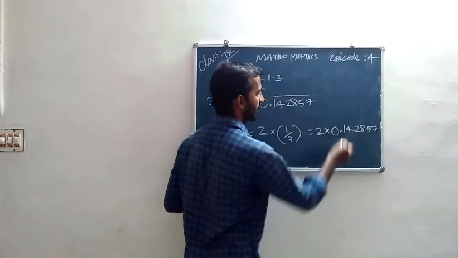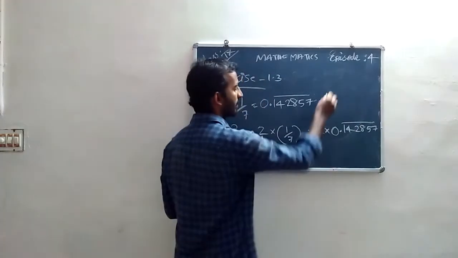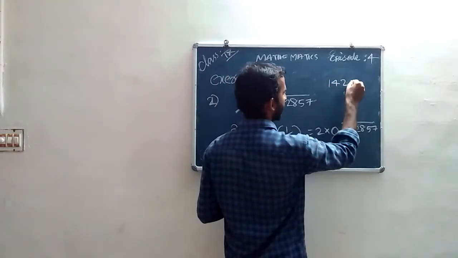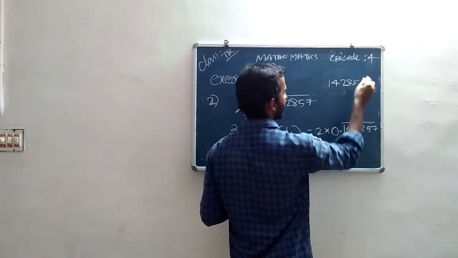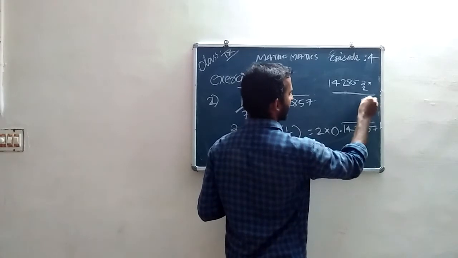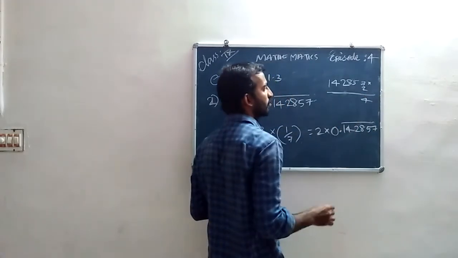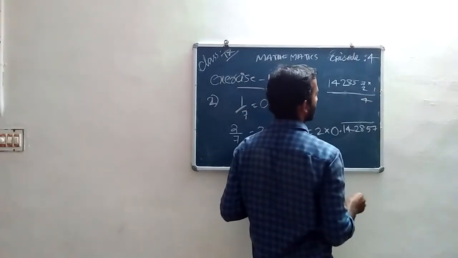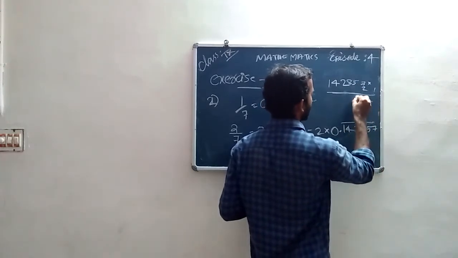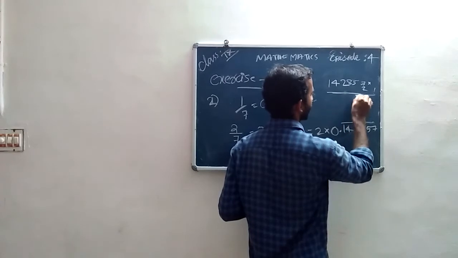Is it? Yes. That is 2 into 0.142857. Multiplication done: 7 into 2, 14, and carry out 1, 5 into 2 is 10, carry out this 1.